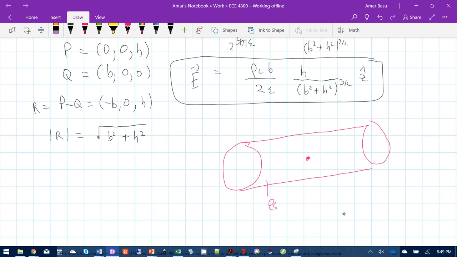It'll be 0 if you get the center point. Why is that? Well, it's very similar to the problem that we have here. If we look at the cross section of the wire, you have a bunch of charges like this, and you're looking right at the middle here.